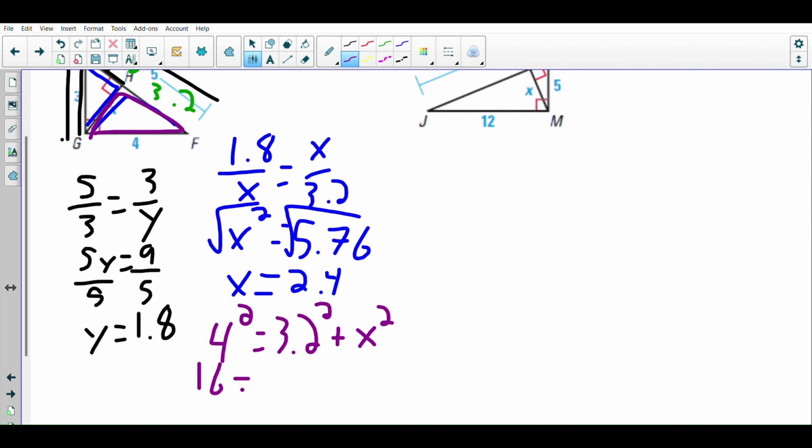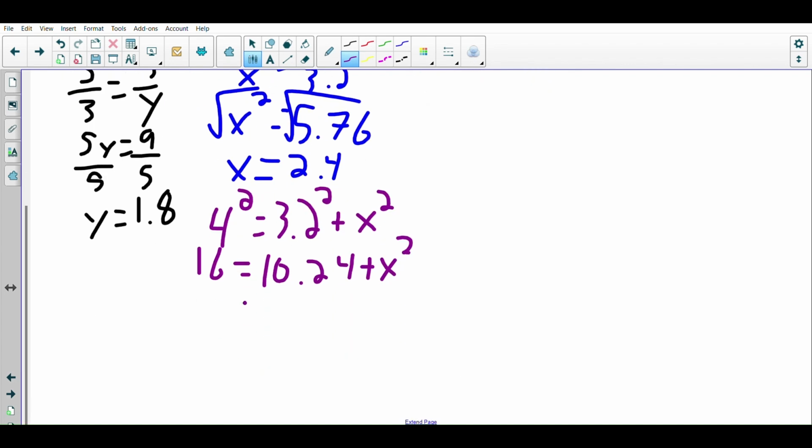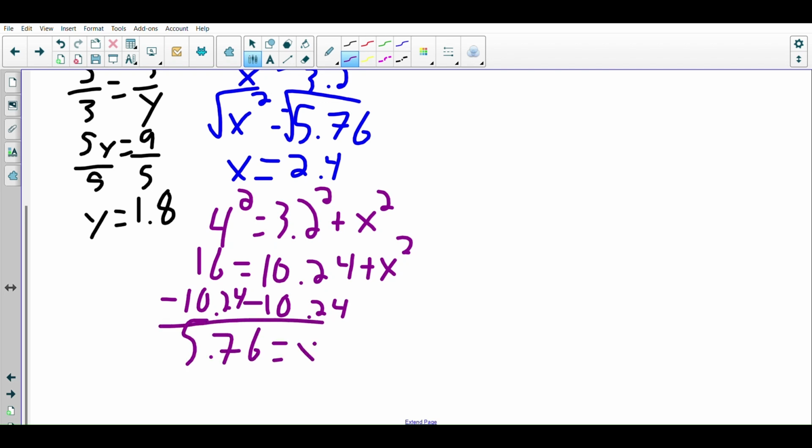So I have 16 equals 10.24 plus x squared. Subtract 10.24 from both sides. And I get 5.76 is equal to x squared.